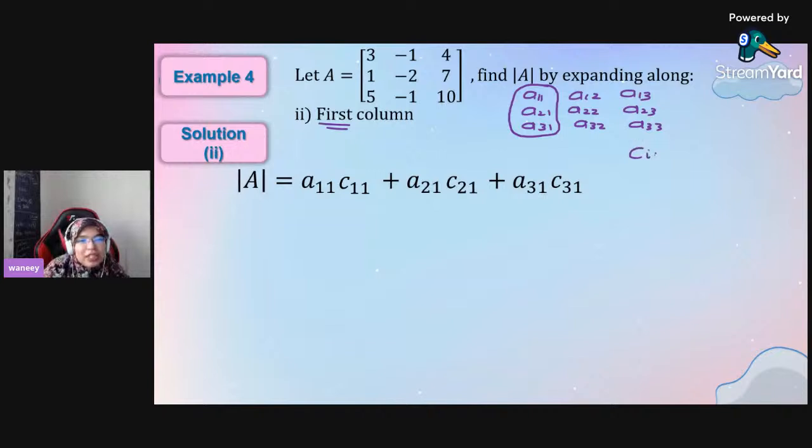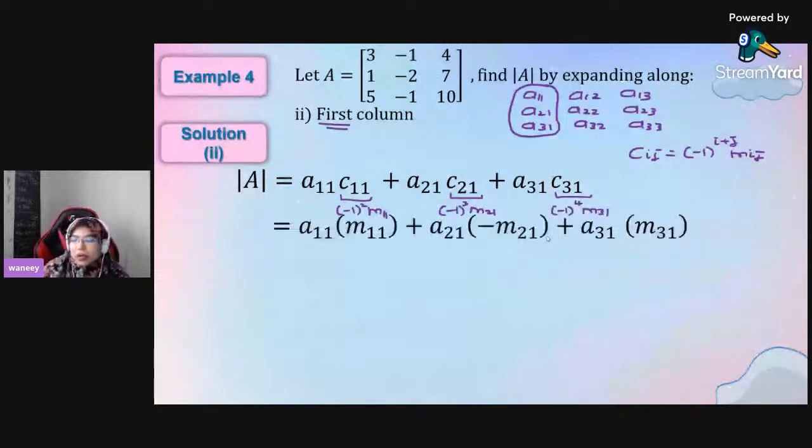Cij is equal to -1 to the power of i plus j, Mij. So C11 is -1 to the power of 2, M11, and then C21 is -1 to the power of 3, M21, C31 is -1 to the power of 4, M31.